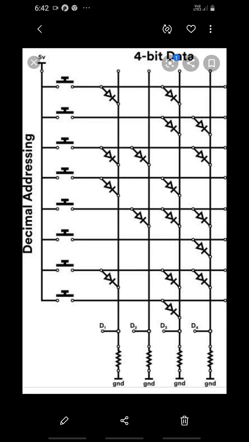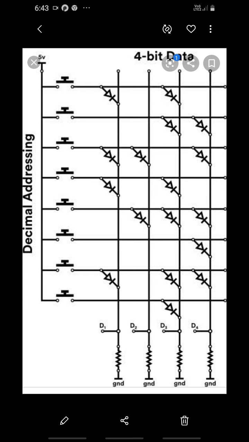And here different diodes are connected to the 4-bit data, and among those switches different resistors are connected, that means R0, R1, R2, R3, R4, R5, R6 and R7.